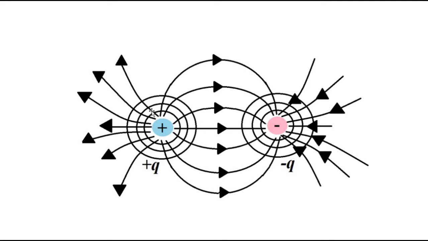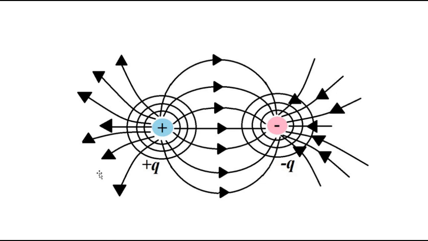Here also the equipotential surfaces are circles around the positive charge and the negative charge. They are drawn at right angles such that the electric field lines are normal or perpendicular to the equipotential surfaces. So we get a whole contour of equipotential surfaces.